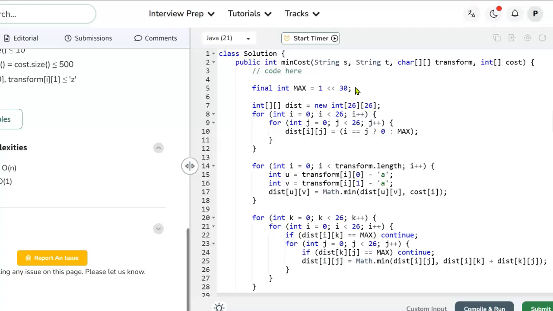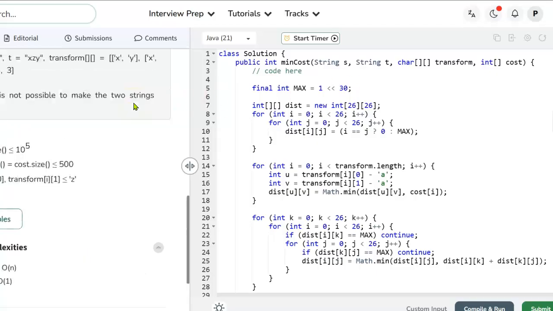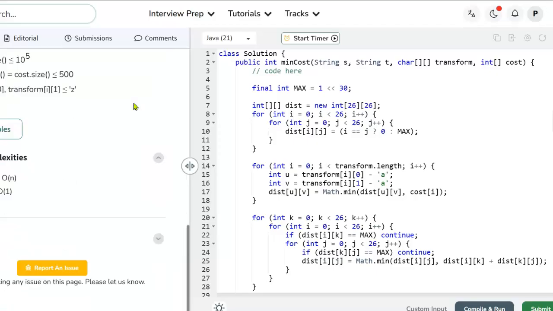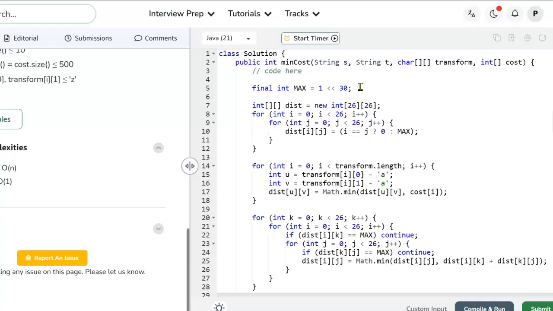We need to initialize some things as a big number so that the first cost that we obtain, or distance, I guess we're calling it distance in this case, will be less than this number. So we've got a distance matrix, and it's 26 by 26. It associates every letter of the alphabet with every letter of the alphabet.